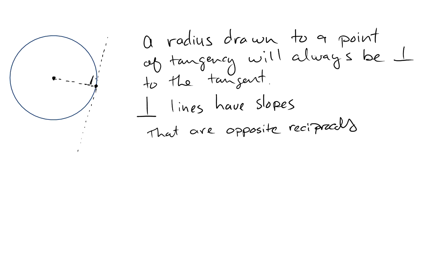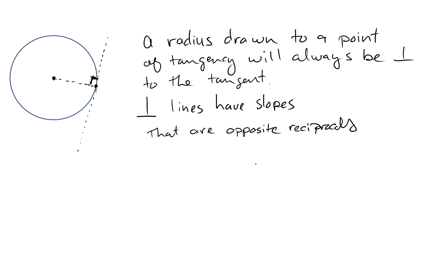That property is something we'll definitely be using. Also, perpendicular lines have slopes that are opposite reciprocals. Another way to say that is the product of their slopes always equals -1.